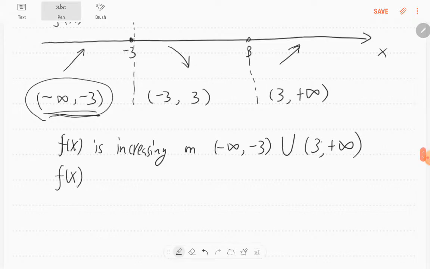F of x is decreasing on the interval from negative 3 to 3. So this is the typical way we solve where a function is increasing, where the function is decreasing.